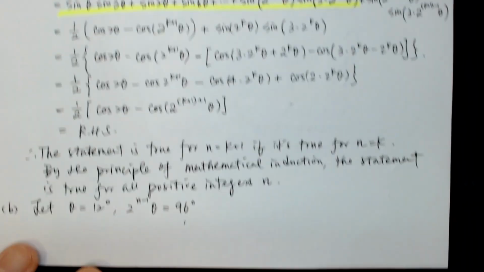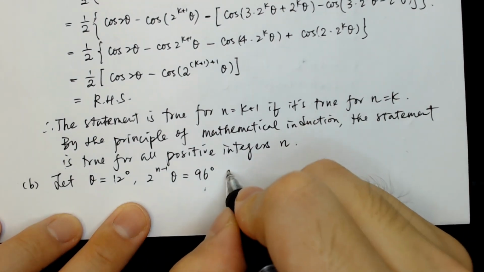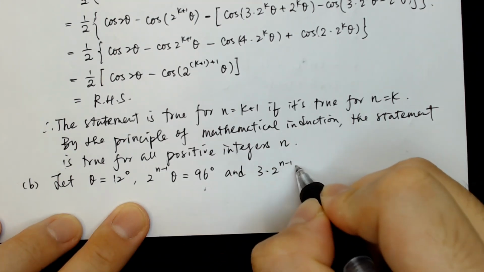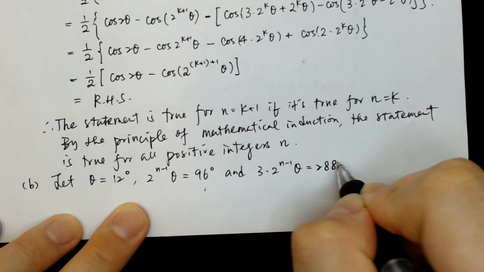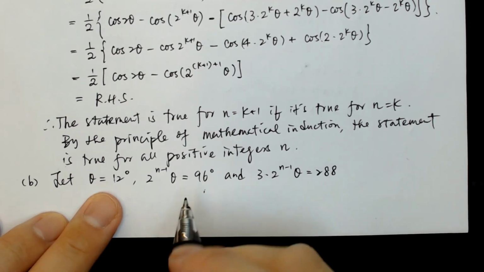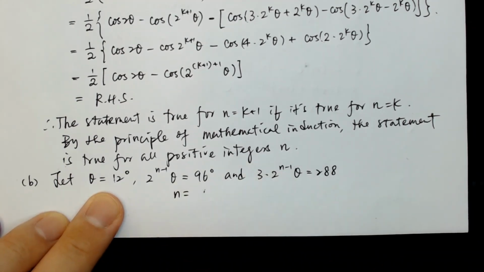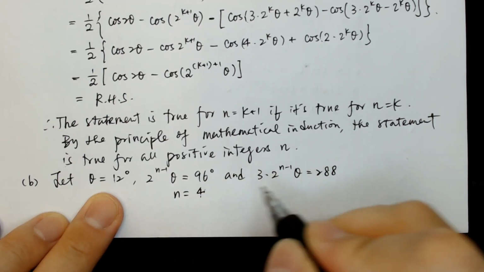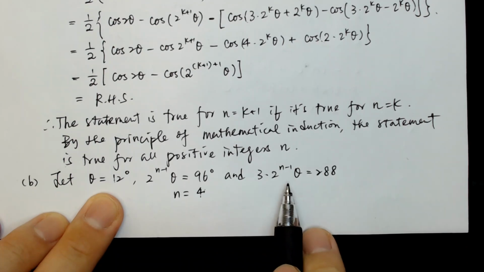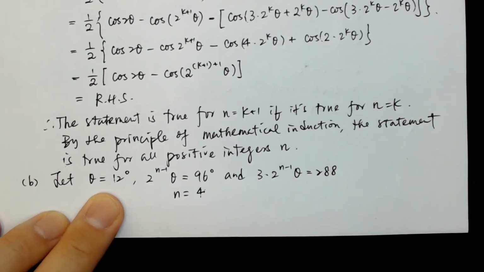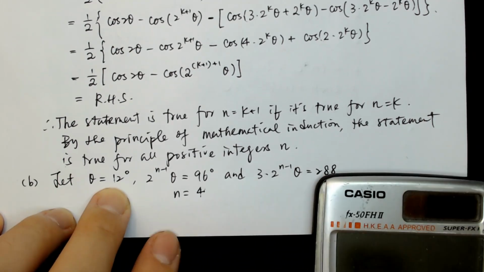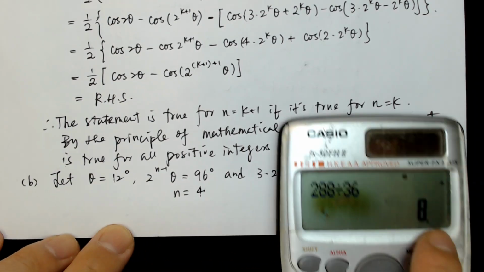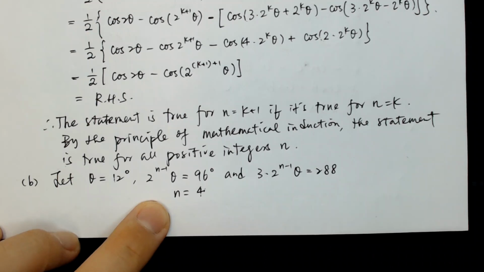So we do all the things here. And 3 times 2 to the power of n minus 1 theta is 288. So from here we get n equals 4. And here, can we get 4 here? 288 divided by 36 is 8 again. So we guarantee that n equals 4.